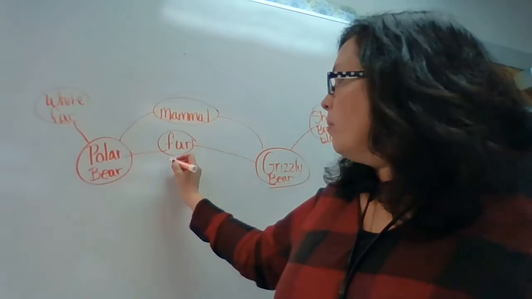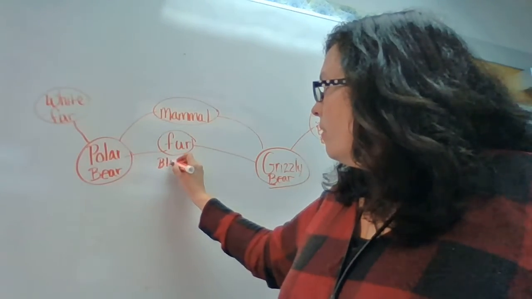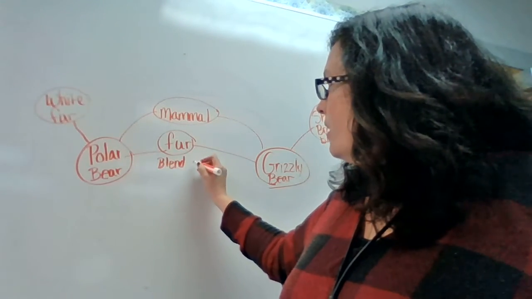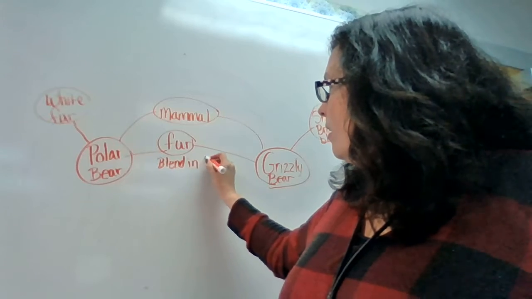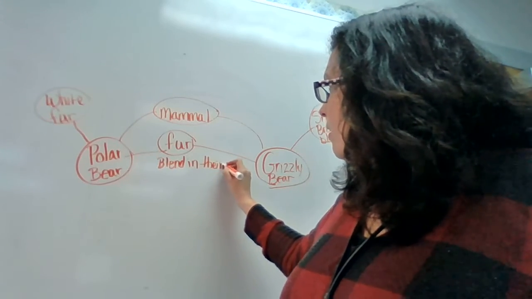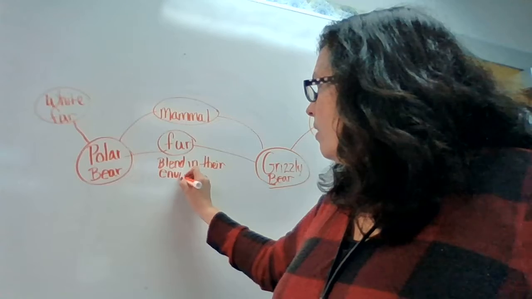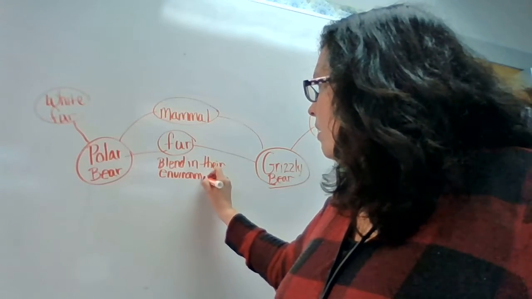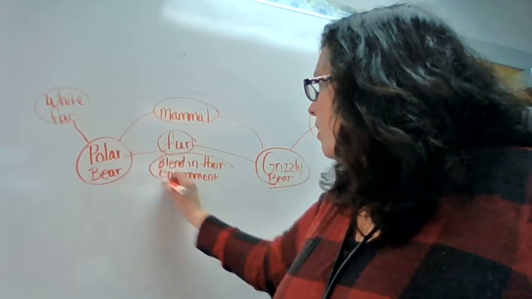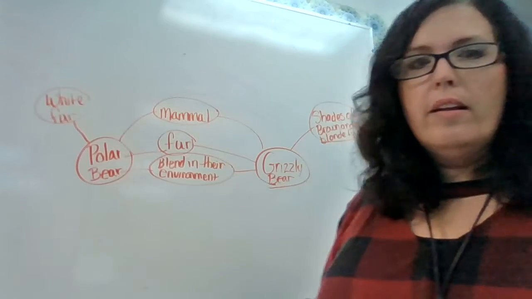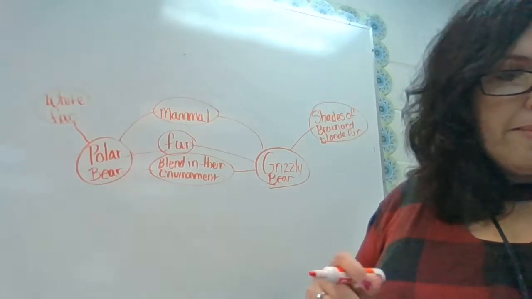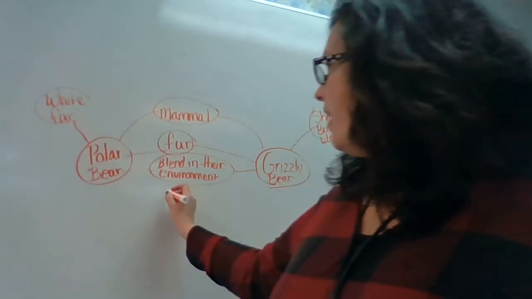So that's something that you'd like to do, okay? It said that they both blend in their environment, and their fur helps them do that, doesn't it? That's what the fur does, camouflage, right? They can stand on their legs.